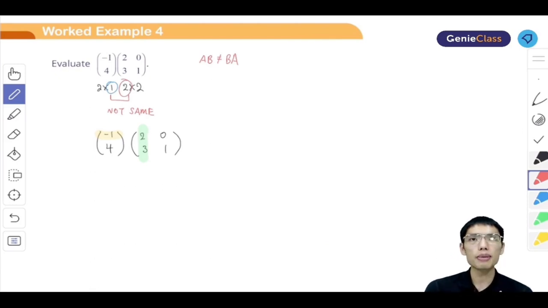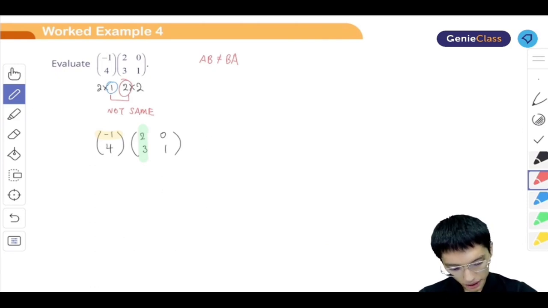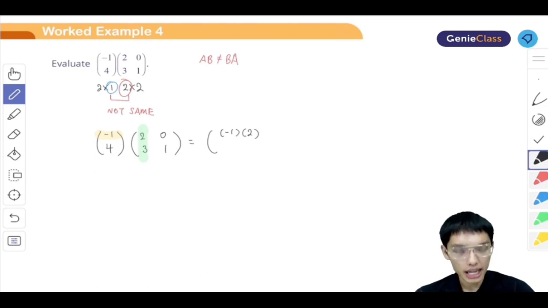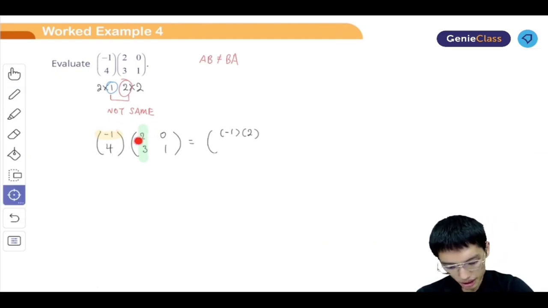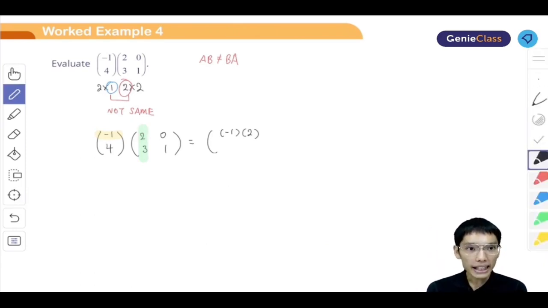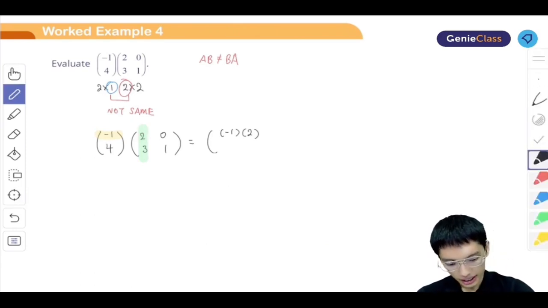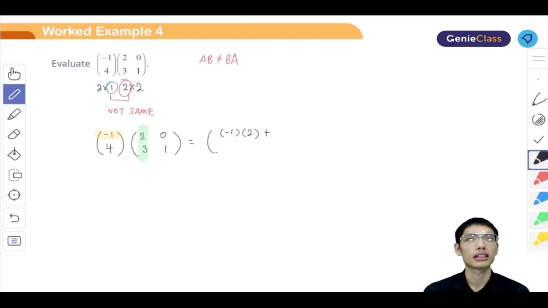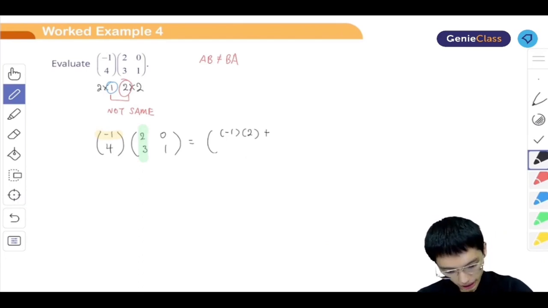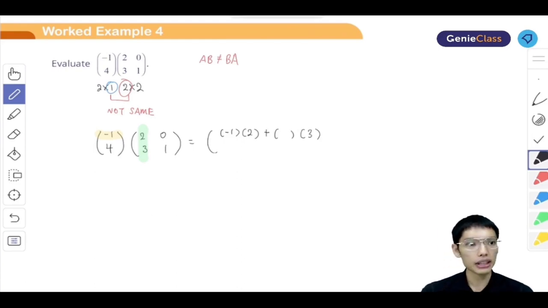Now when we matrix multiply, take note, we have to have all the numbers multiplied together. In this case, first part, no issues. I can do this. -1 times 2. But you realize, if you go row-wise, this number is multiplied to this number. But is there another number that I can multiply to 3? It's not possible.